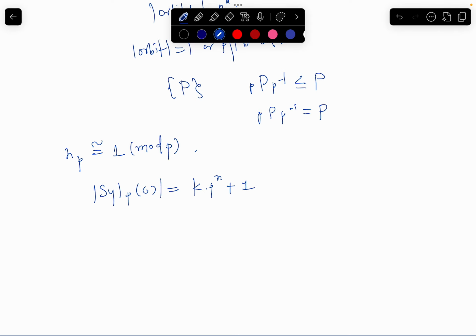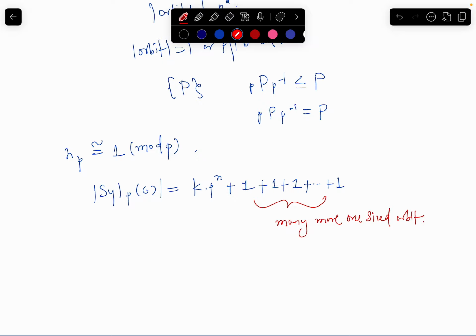There is one orbit of size 1, and there might be many more orbits of size 1.